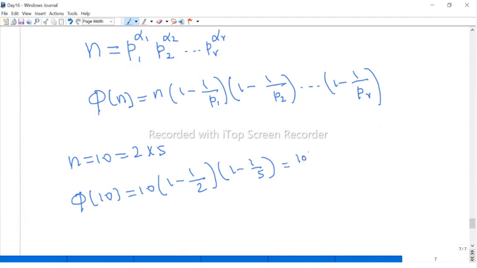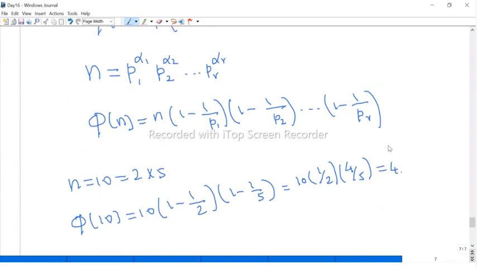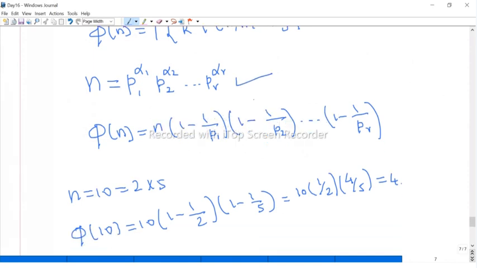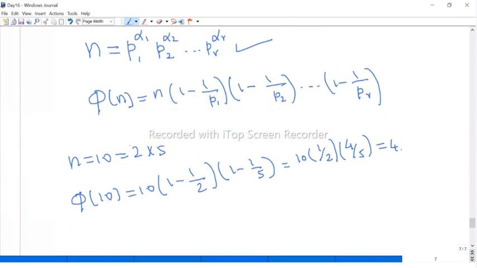So 10 into 1 by 2, into 4 by 5, and then 10 and 5 cancel, we get 4. Therefore phi of 10 is 4. Once you write any number as a product of prime powers, this is the Euler phi function.